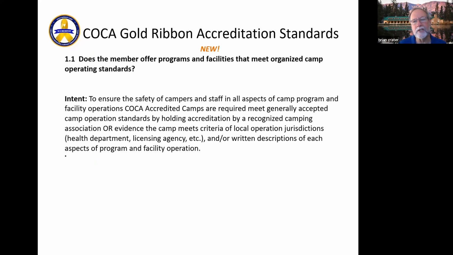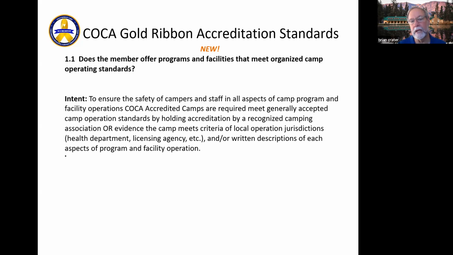Moving forward, I would like to spend some time on 1.1. So 1.1 is the first standard, and it really has to do with general camping practice. The Gold Ribbon Committee and staff have taken a lot of time to figure out how we really want to do this.